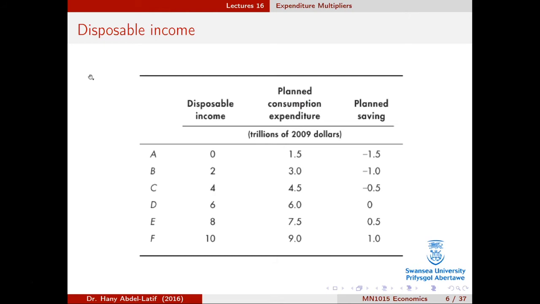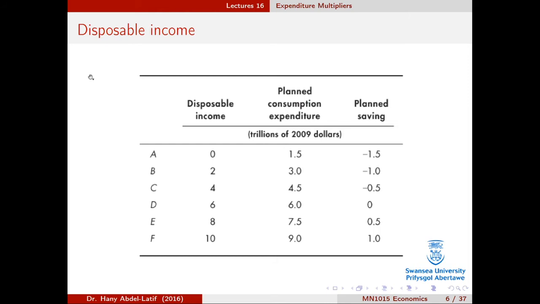Consumption cannot be 0, even if disposable income is 0. In that case, consumption equals 1.5. Just notice these numbers are trillions of dollars because we're talking about the macroeconomy. So the consumption expenditure at that point is 1.5.